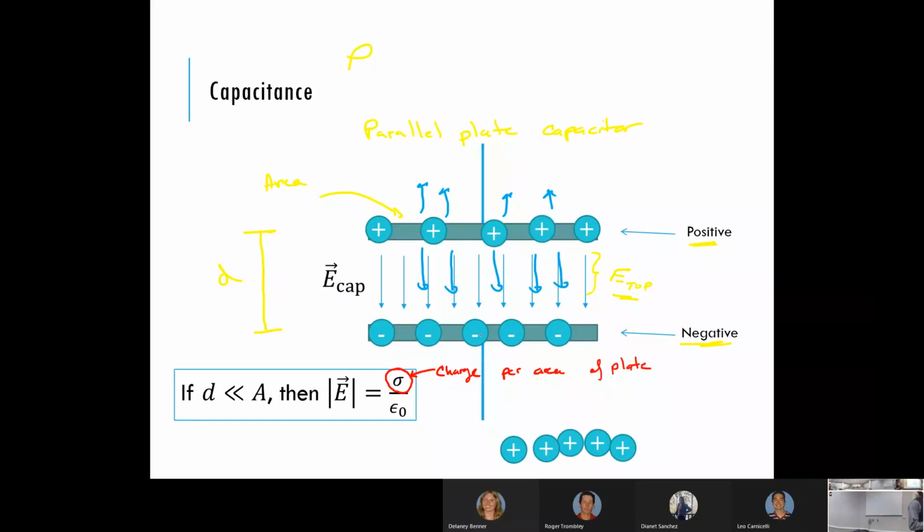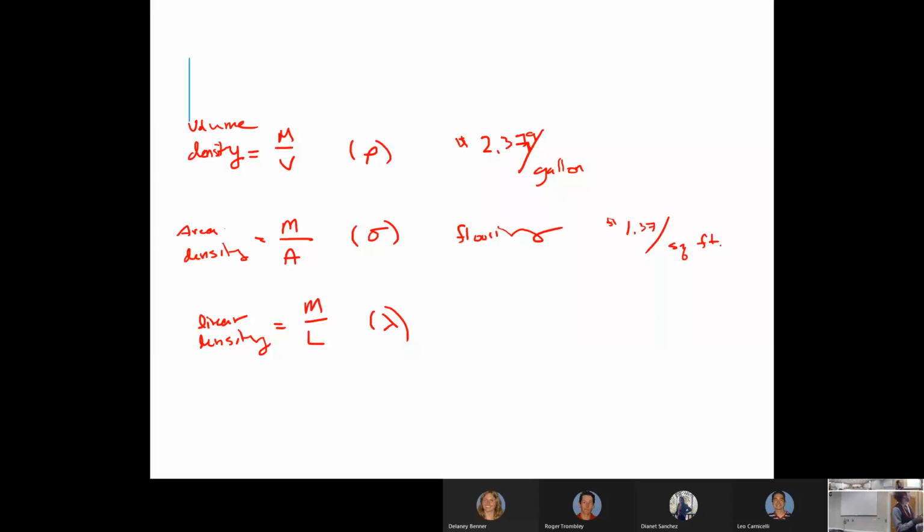I've got to talk about this one. And you'll have to refresh me. Did I talk about epsilon naught at all when we were introducing Coulomb's law? I can't remember for sure. This is just a constant. Let me go down here.